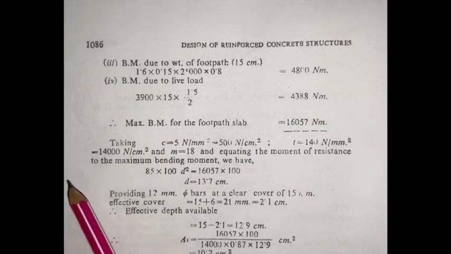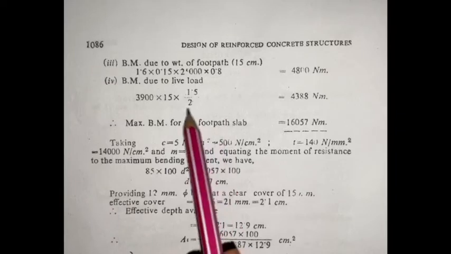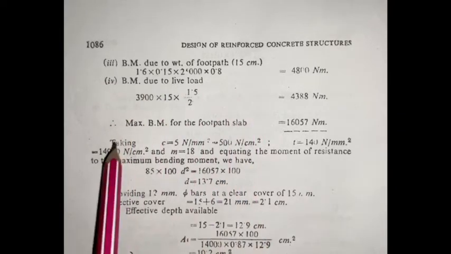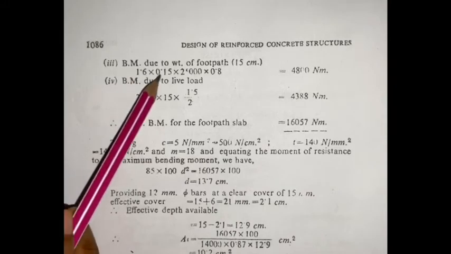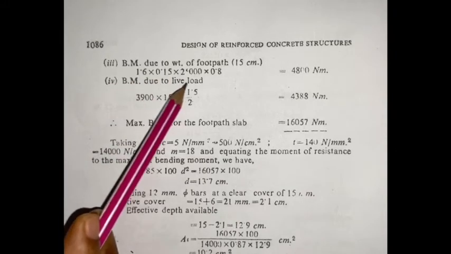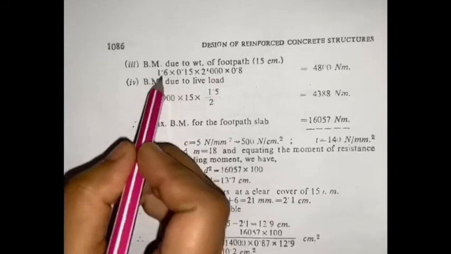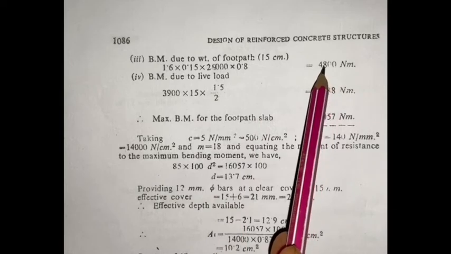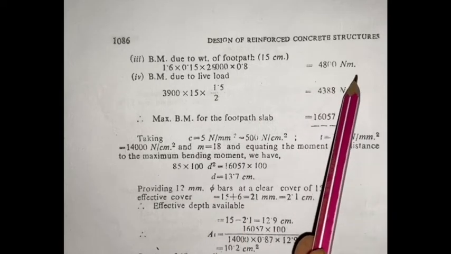Third, we have to find the bending moment due to the weight of the footpath of 15 centimeter. So we have 1.6 into 0.15 into 25,000 into 0.8, so we have 4800 Newton meter.